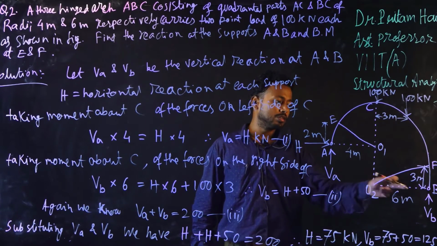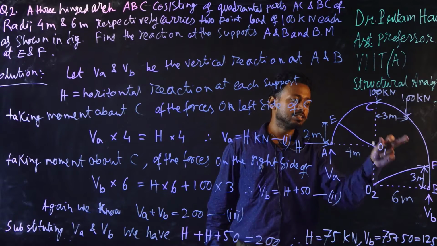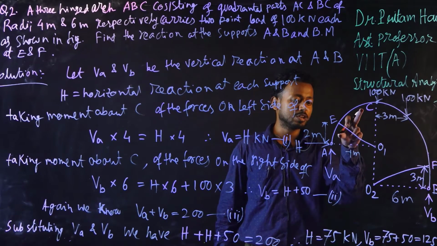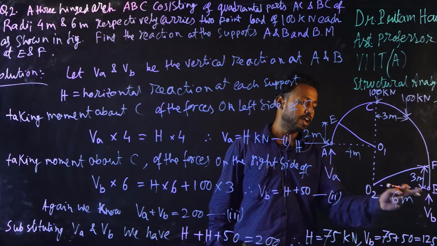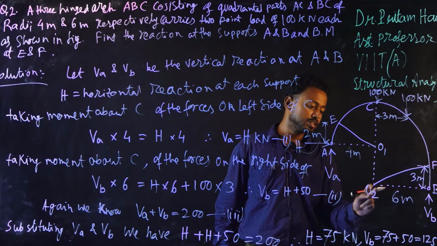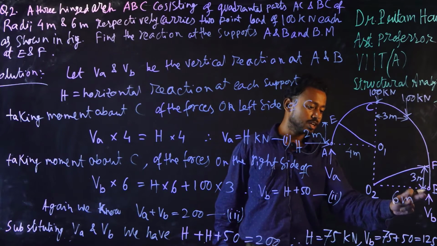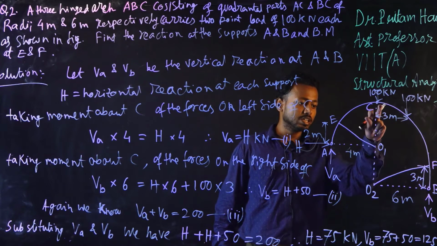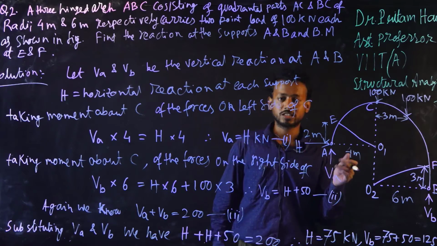So this 3-hinge arch is given, but the radius of curvature of AC is 4 meter and BC is 6 meter. That means O2B is 6 meter, O2F is 6 meter, O2C is 6 meter, like that, okay?